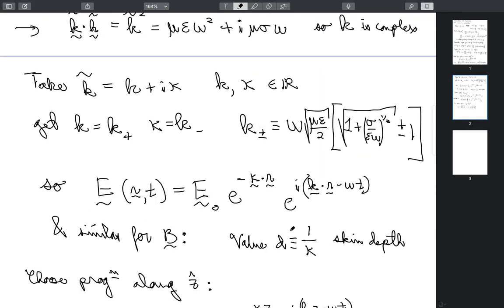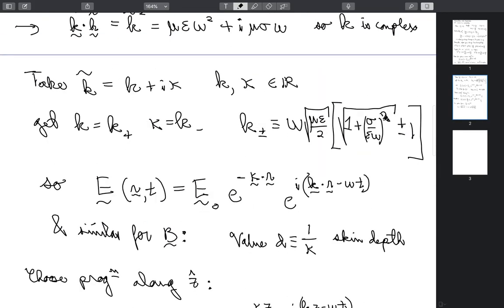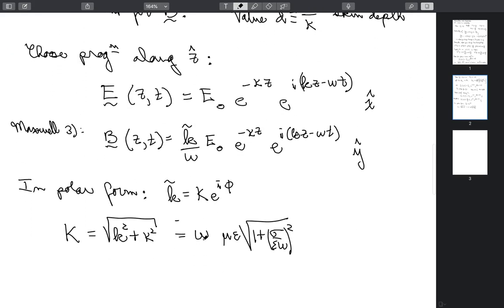Actually, I'm just thinking this one here is just a squared, like this, and then all in square root. And this phi here is just the arctan of kappa over K.